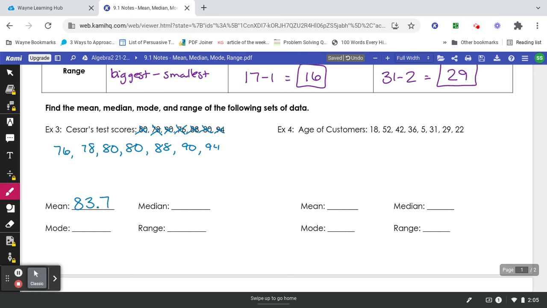So as you look to find the middle number, got points there, 2 on each side, 3 on each side, which means my median is going to be exactly that 80.